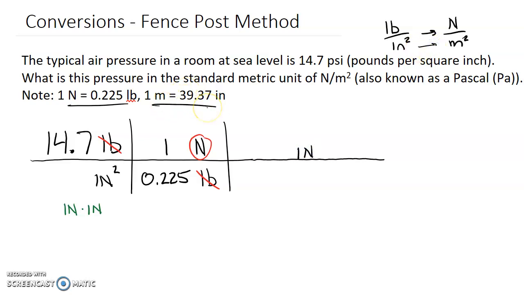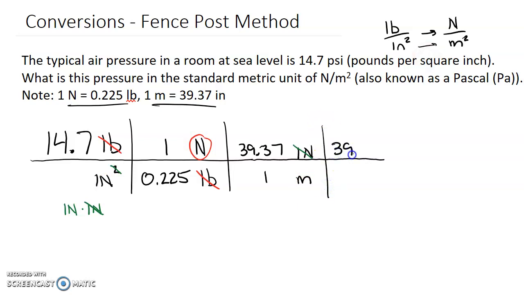And we have a conversion from inches to meters. In 1 meter, there are 39.37 inches. And in doing that step, I've now canceled inch with one of those inches, or I can knock out the squared. So now I have units of newtons over inch times meter, which has a mixed length unit in the denominator. So I'm going to do that step one more time.